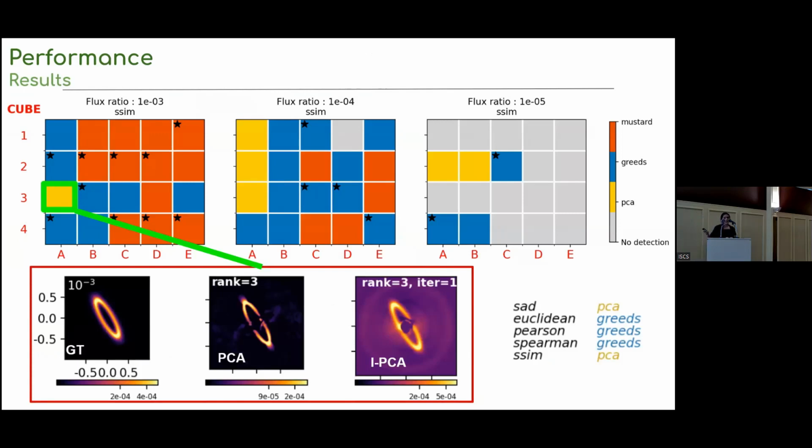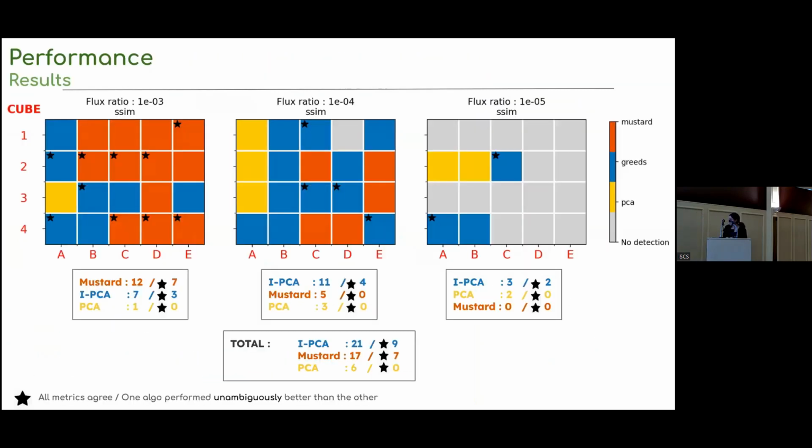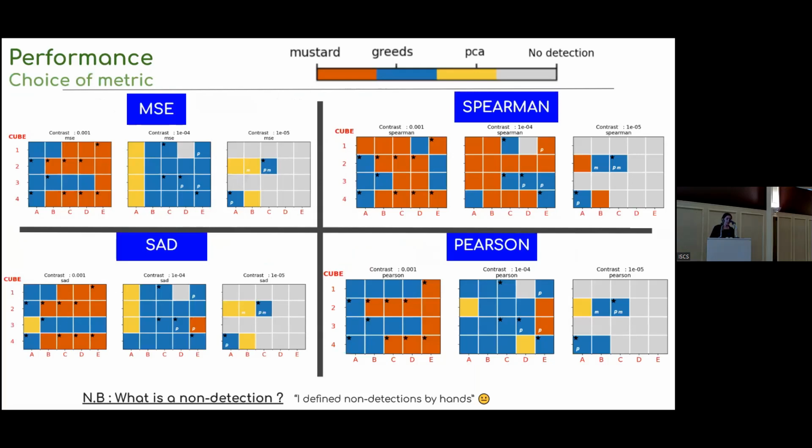Since there are not really perfect metrics, what we've noticed is that when all the metrics agree, it means the disk is unambiguously restored better by one algorithm than another.